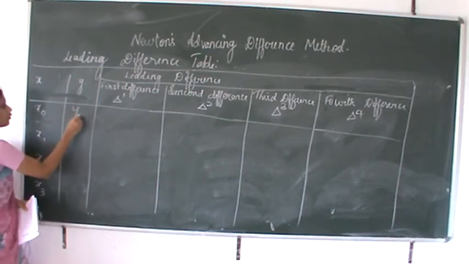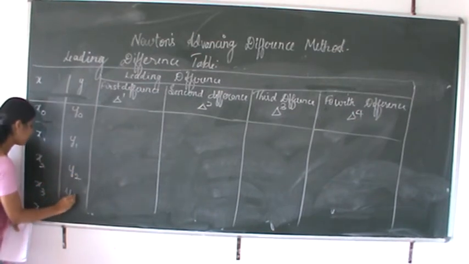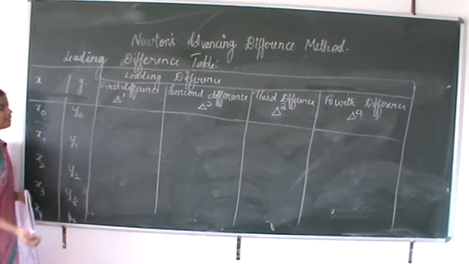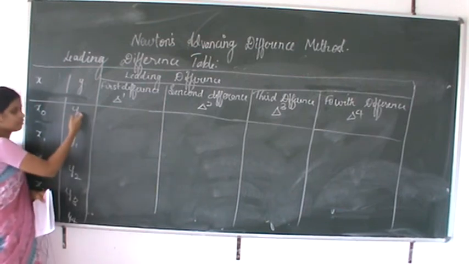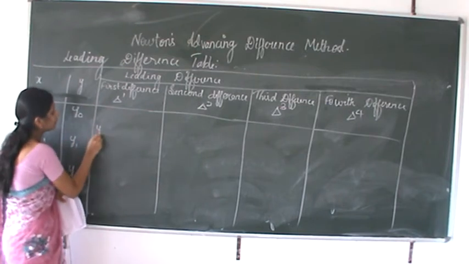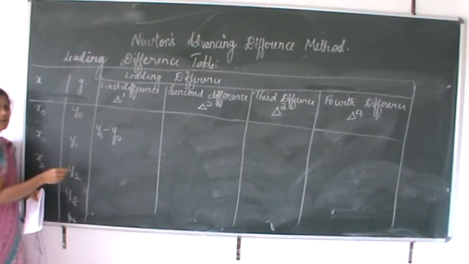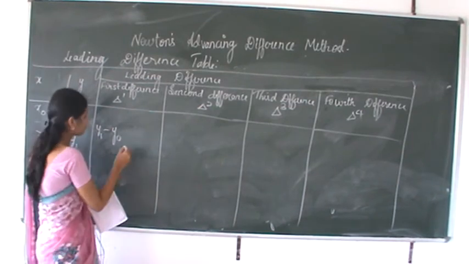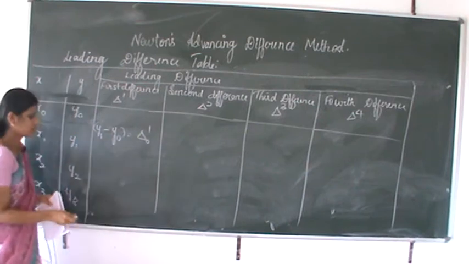Now y0, leave one line, y1, again y2, y3 and y4. In the line which you have left there, you are going to write y1 minus y0 is equal to delta 0 raised to 1, first order.